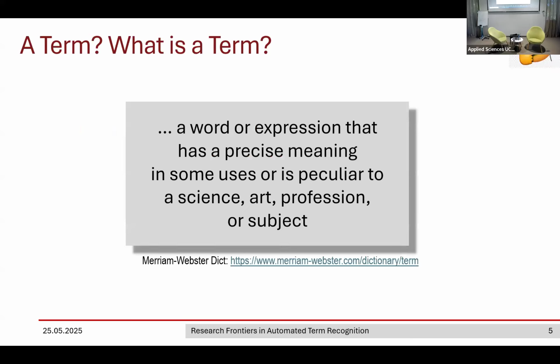This is the definition I grabbed from the Merriam-Webster dictionary, by the way, the most straightforward venue if you don't know how to denote a thing. It says the term is a word or expression that has a precise meaning in some uses or is peculiar to a science, art, profession, or subject.